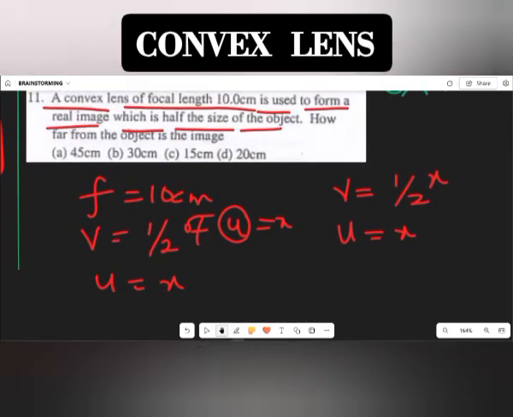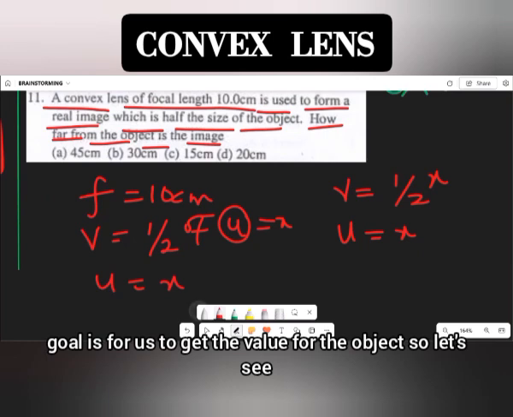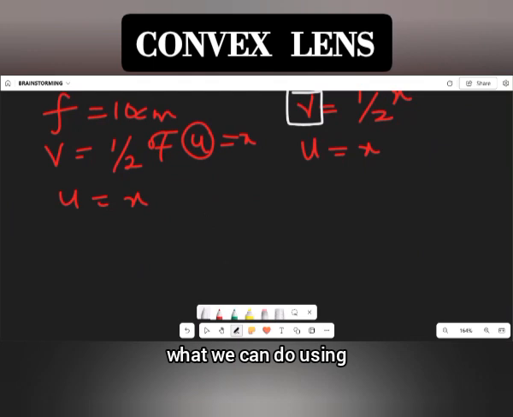So the question now says, how far from the object is the image? The goal is for us to get the value for the object. So let's see what we can do, using the mirror formula.